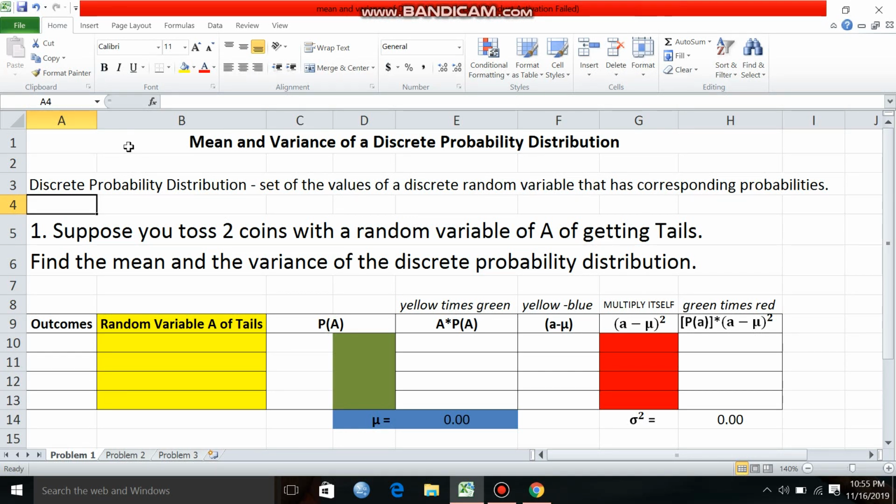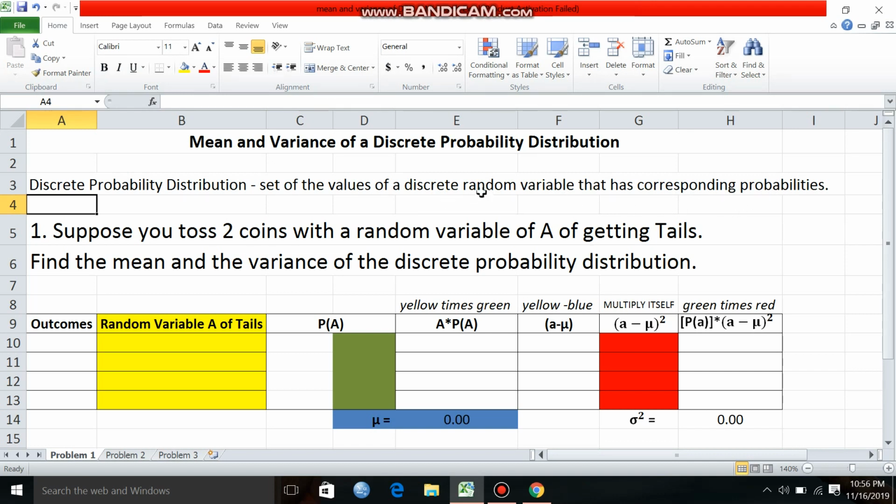Today we'll be discussing the steps on how to solve for the mean and the variance of a discrete probability distribution. When we say discrete probability distribution, it is a set of values of a discrete random variable that has corresponding probabilities.